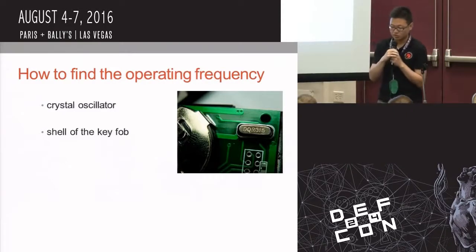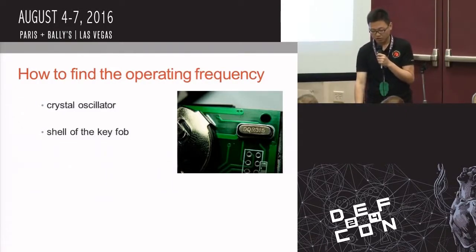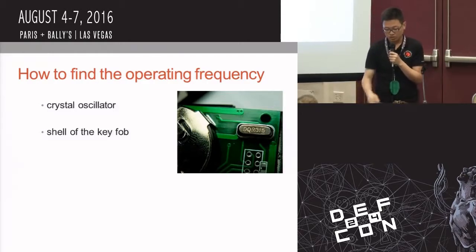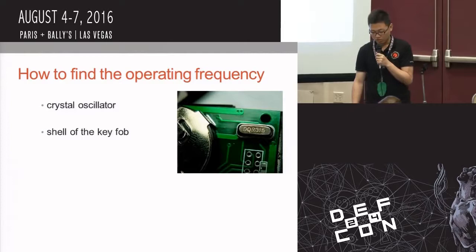First, we want to find what frequency it works on. We can open the key fob and find the crystal oscillator, which has the frequency printed on it.